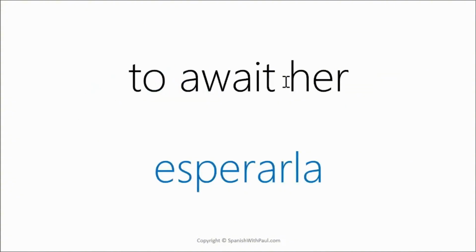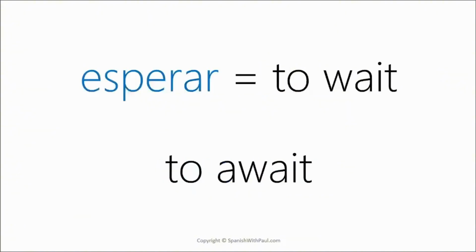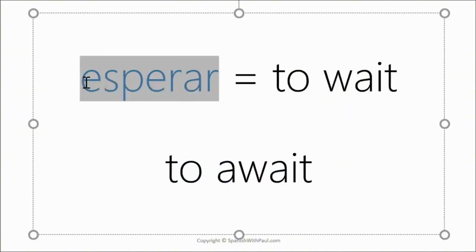This is why there's no need for por or para, because the word for simply isn't considered here in Spanish. So you would have esperarla, to await her, or to wait for her, and the same for to wait for him or to await him, esperarlo. So it's a good thing to remember with esperar that Spanish sees the verb in this way, to await someone.